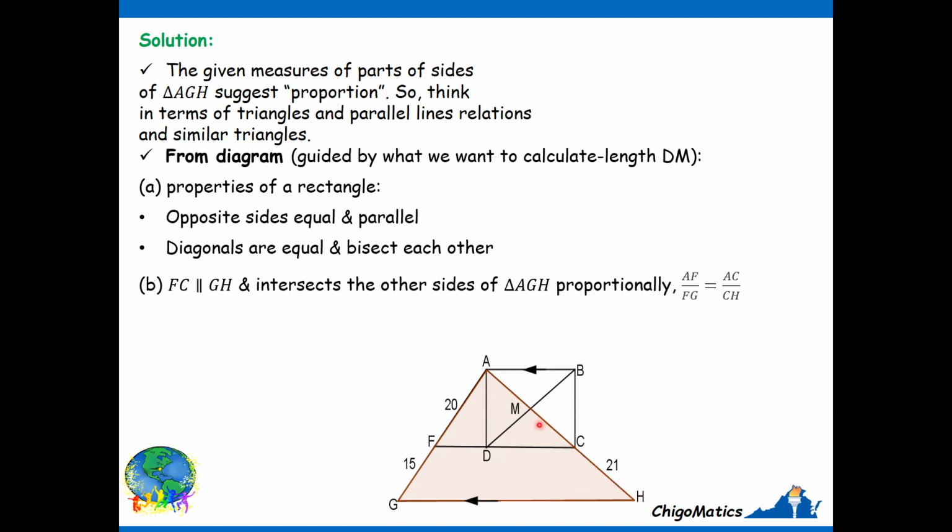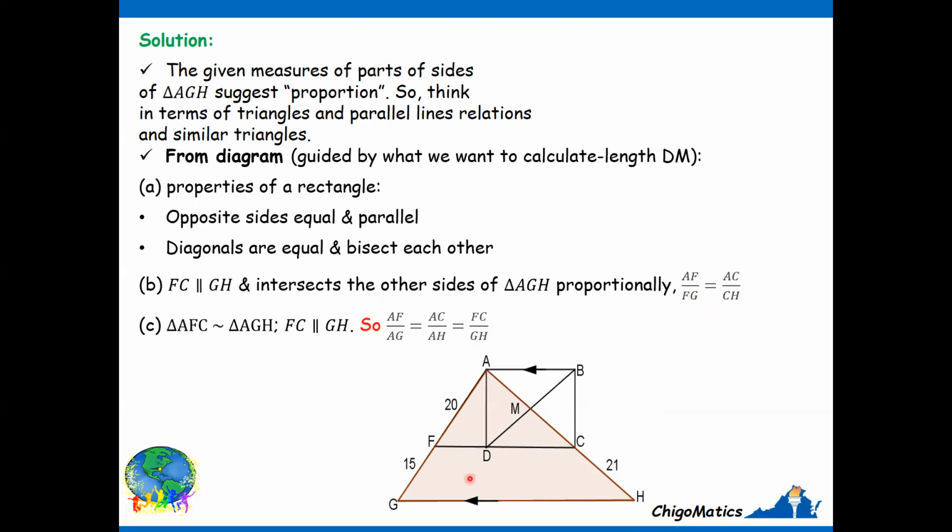But then if you look at the triangle AGH, if FC is parallel to GH, then obviously the sides AG and AH are going to be divided proportionally. They are parallel and intersect the other sides of triangle AGH proportionally, meaning we have this proportion.